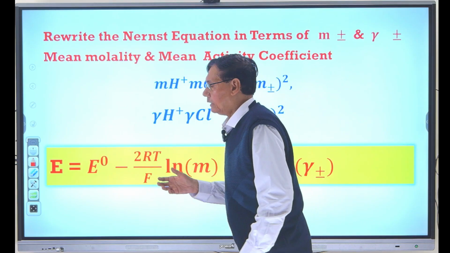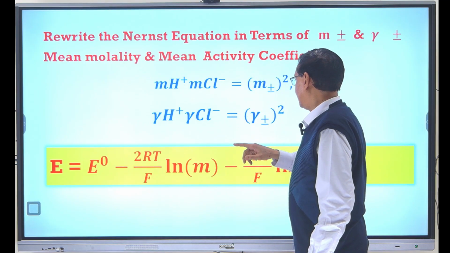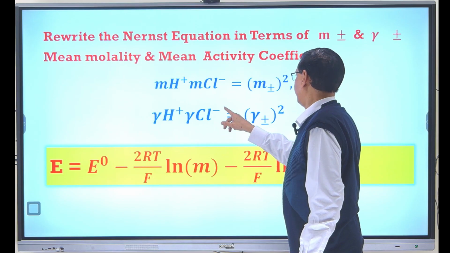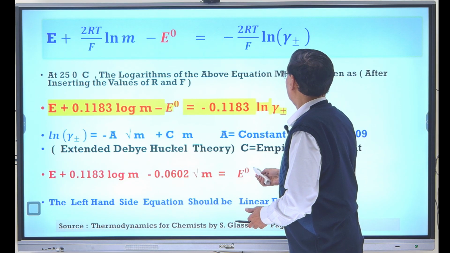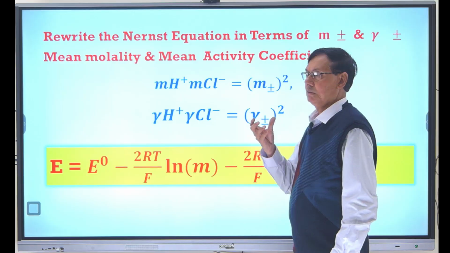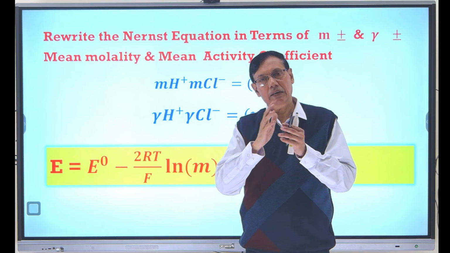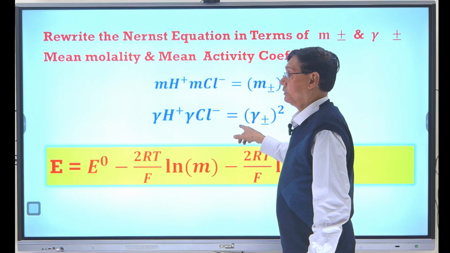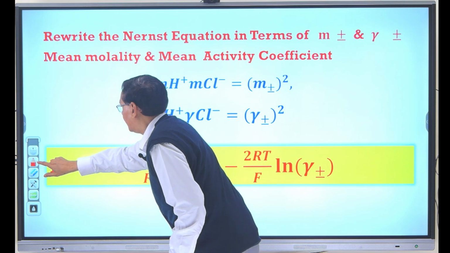So as you know, we know the Nernst equation, there is no problem, but here I am using mean ionic molarity. Actually the cation and anion molarity are the same, so therefore I can use M, but the activity coefficient is different.